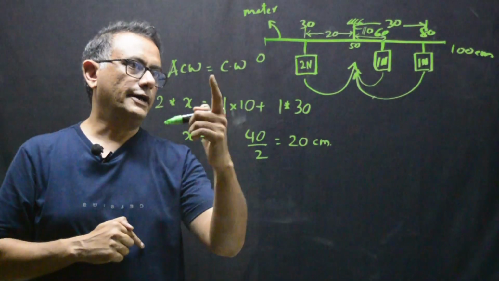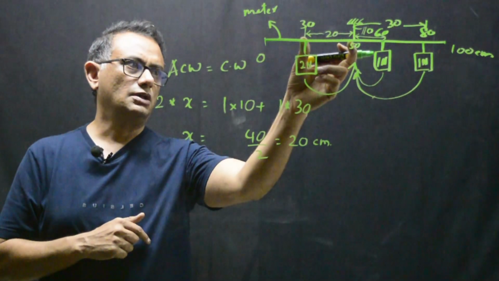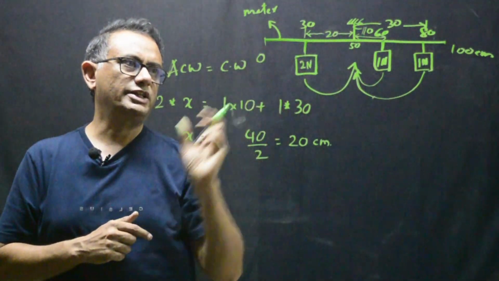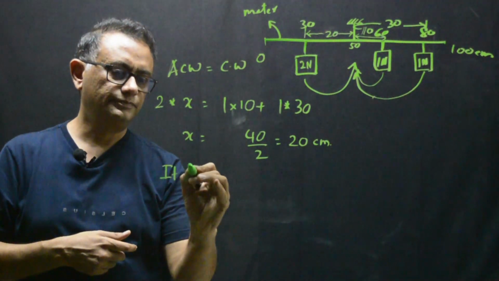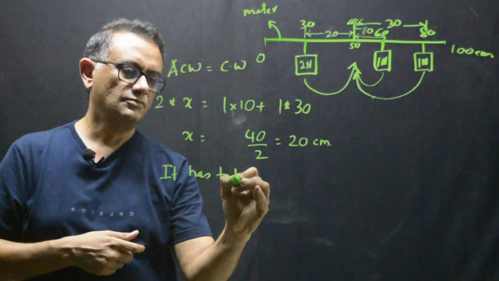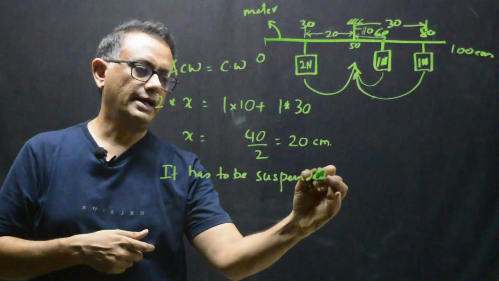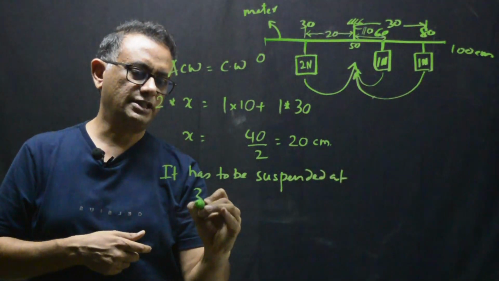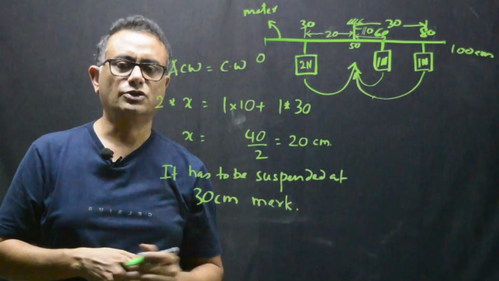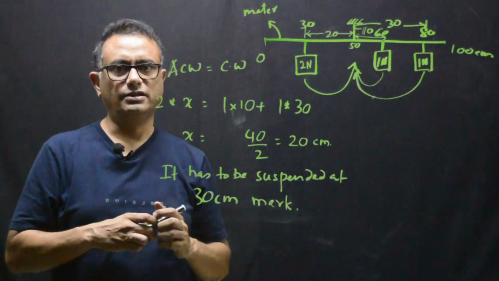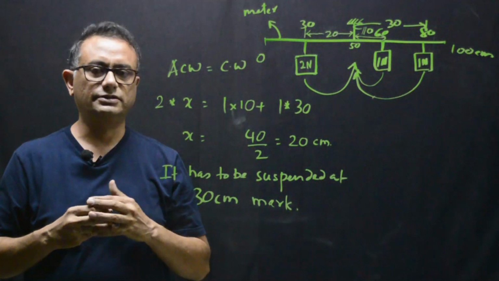If they ask us to mention this distance, you can say it's 20 centimeters from the pivot, or it has to be hung or suspended at the 30 centimeter mark. So once again, you're using the principle of moments in order to find the distance.